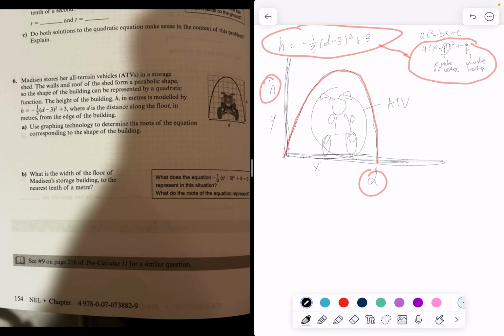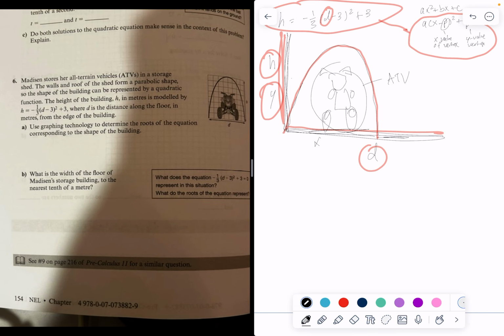Instead of h, we use y, because in this scenario they are the same thing. Instead of d, we use x, because in this scenario they are the same thing. Let's rewrite it: y is equal to negative 1/3 (x minus 3) squared plus 3. Hey, will you look at that? That's literally just vertex form.